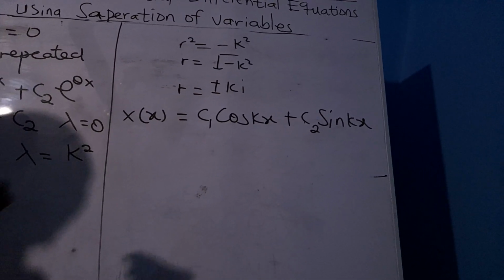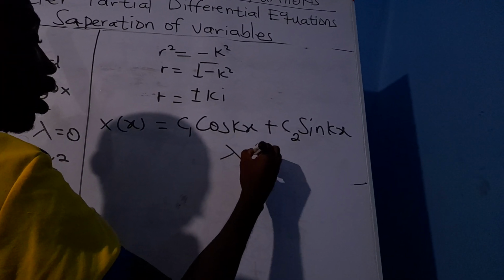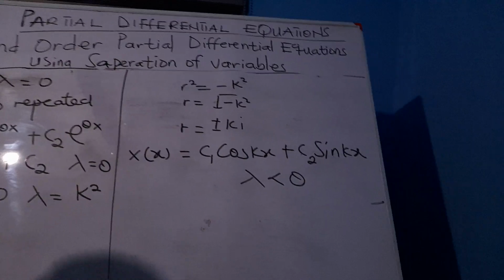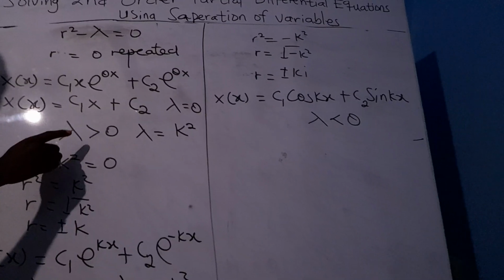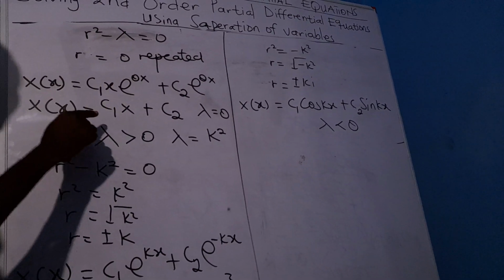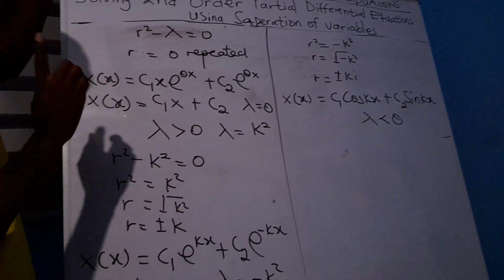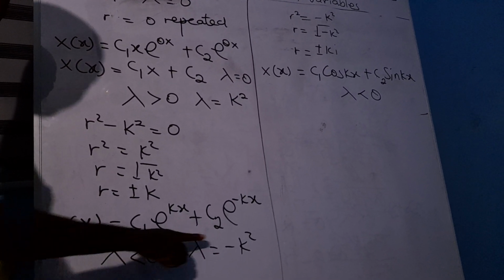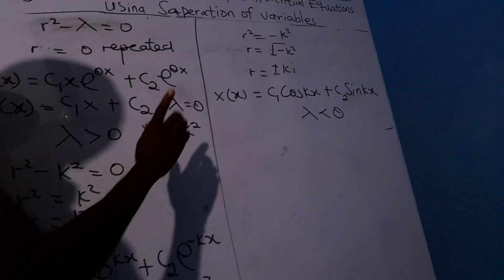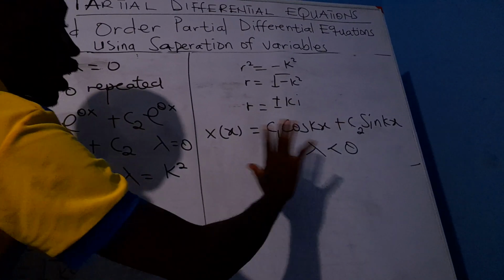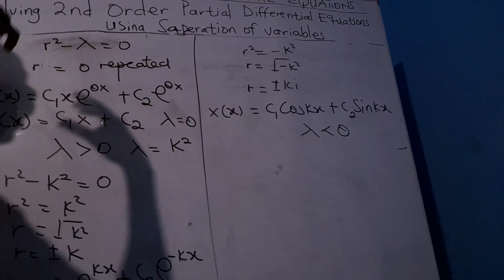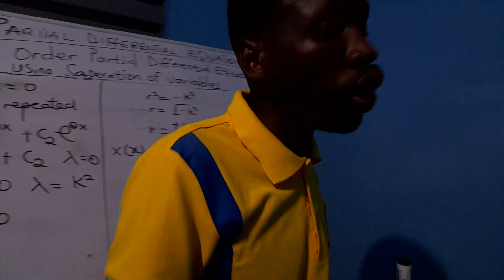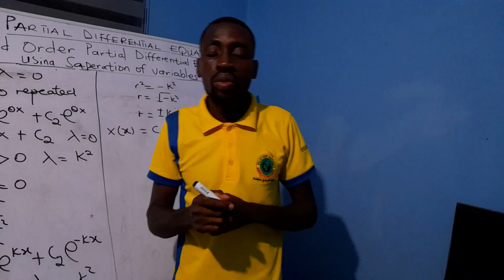So now this is when lambda is less than 0. So we have three situations. First, when lambda is equal to 0, we have this. When lambda is greater than 0, we have this. And when lambda is less than 0, we have this. Three solutions. Now we take the other aspect, the y aspect, and find the solution to that too.